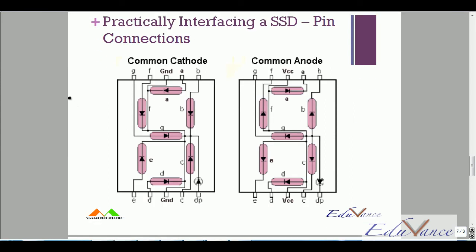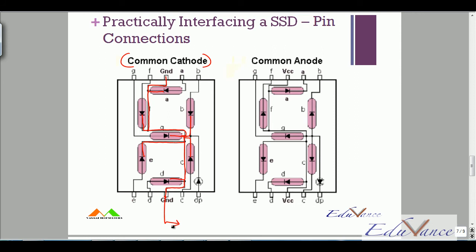And if you want a schematic diagram, then let's understand it here, that if I have a common cathode configuration, then you see that all the cathodes have actually been shorted and then given to ground. Similarly, you have two ground terminals.